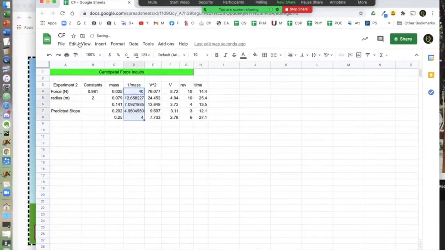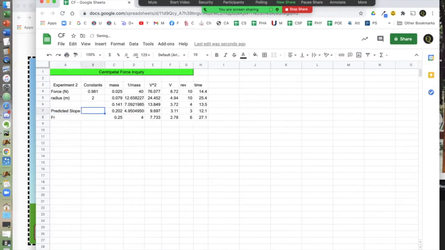Now, the slope that we would predict: remember the force was 0.981 and the radius was 2 meters. So our predicted slope is FR. If you look at your equation, we have V squared, which is the Y, equals FR, which would be your slope, times the X, which is 1 over M. Then your predicted slope should be force times radius.